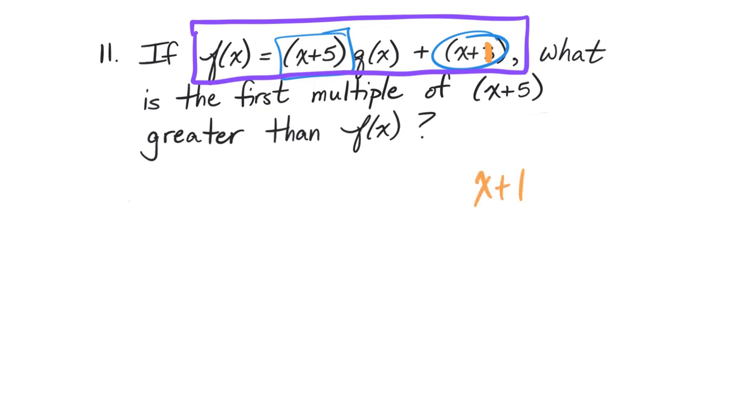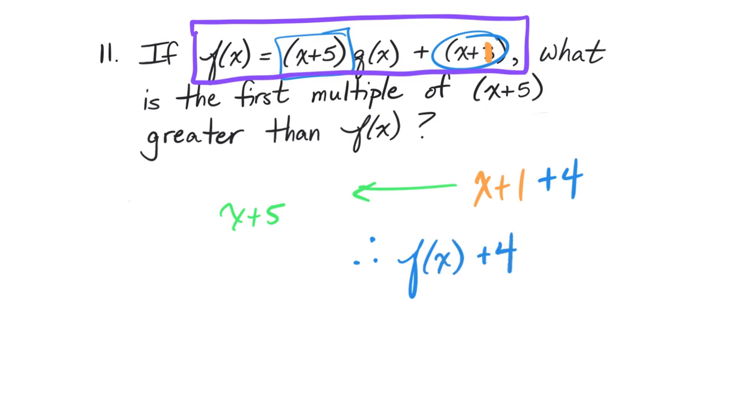What do you need to do to that remainder to make it an x plus 5, the divisor? You need to add on 4 more. Therefore, you wish that f of x had another plus 4 to it to get you up to the next multiple. There you go.